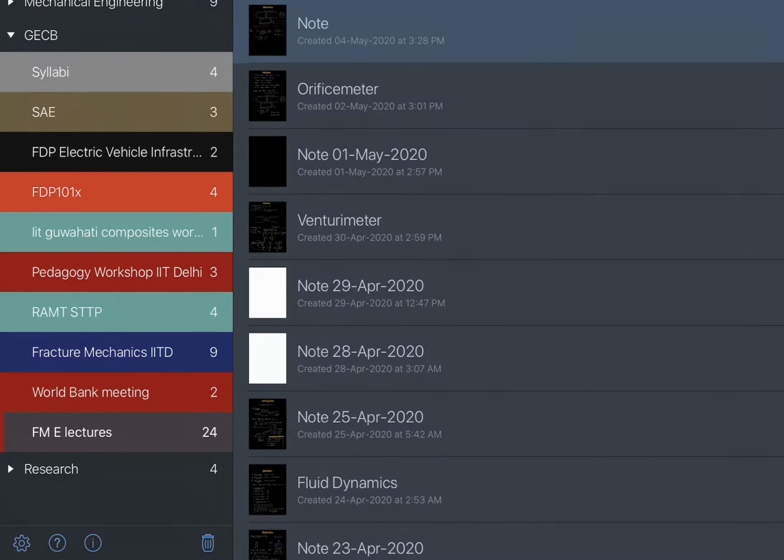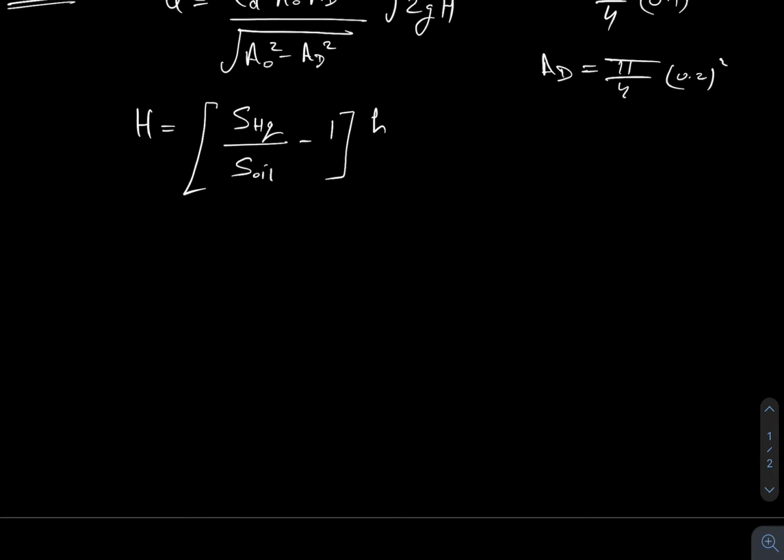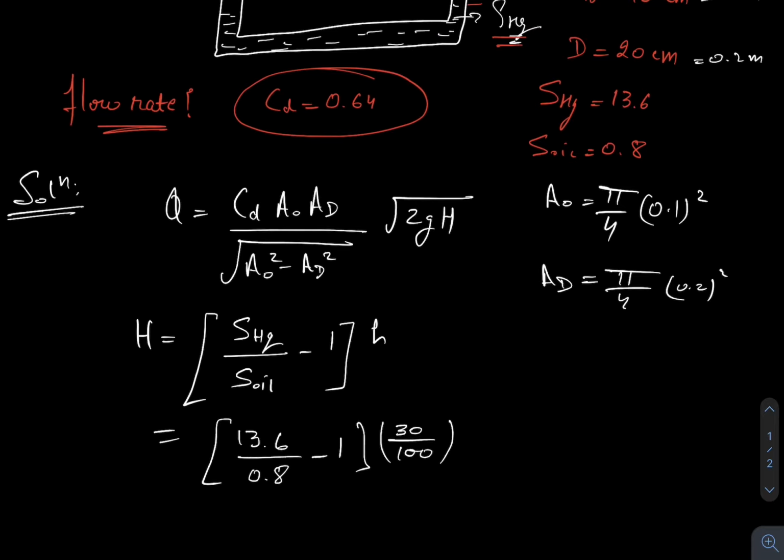So here this will be equal to S of Hg 13.6 divided by 0.8, minus 1, multiplied by h, 30 upon 100. We are writing it in meters.